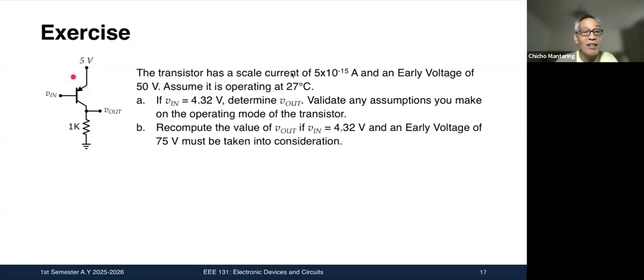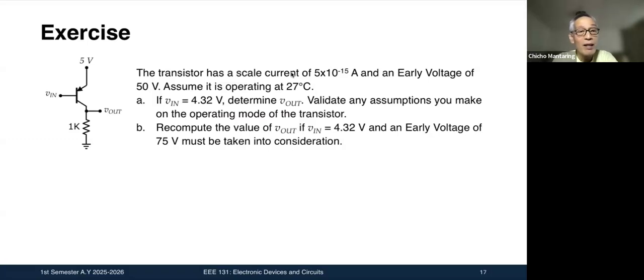I changed it in this particular session to a PNP because you have to start familiarizing yourselves with analyzing circuits with PNP transistors.